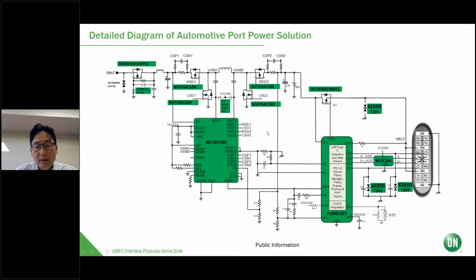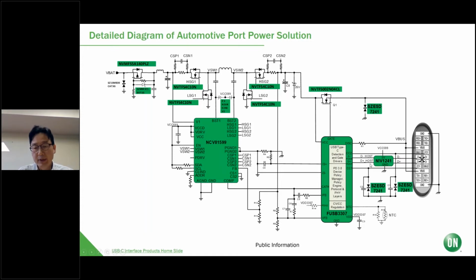So this is a simple schematic. As you see, the NCB81599 block handles the two FETs on the front side with a series resistor. This is the current sense, 5 milliohms, and there is another 5 milliohms on the output side, on the boost side. There is a boost FET, and the inductor is for the switching operation in between. The FPUSB3307 interfaces to a Type-C port over the CC and the D+ and D-.